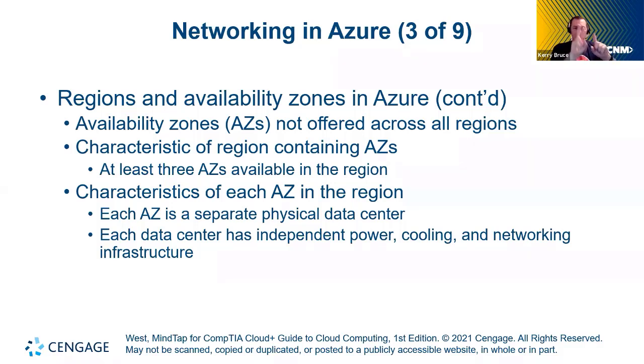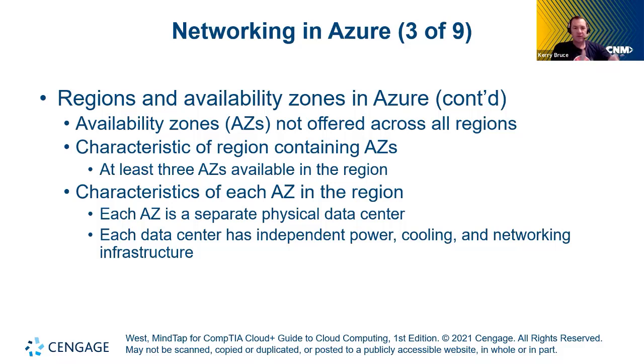Azure says every region has to have 2 availability zones, right? 2 or more. Okay. Microsoft Azure is saying we have a bunch of regions, but not all regions have availability zones. However, if a region does have availability zones, there will be at least 3 availability zones in that region.